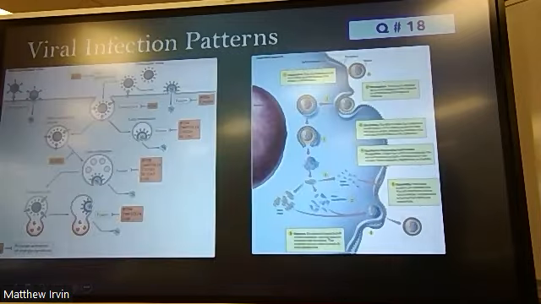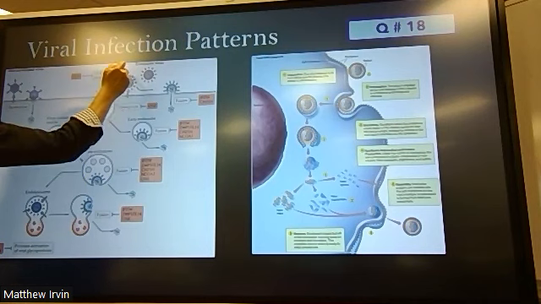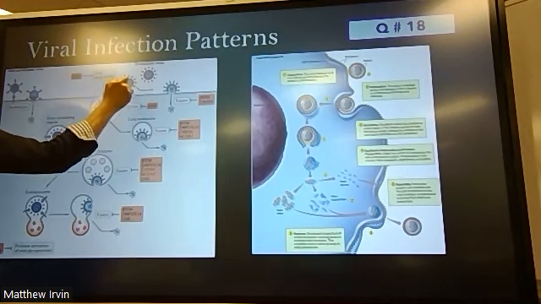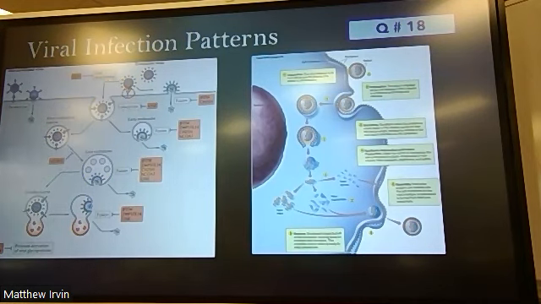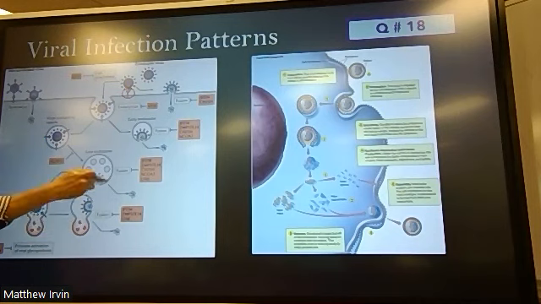The other viral infection pattern is your enveloped viruses. So things like flu and COVID, they've got this envelope around them. The spike proteins trick your signal transduction pathways to draw the virus in, and the virus disassembles, takes over the host cell function, and makes new viruses.